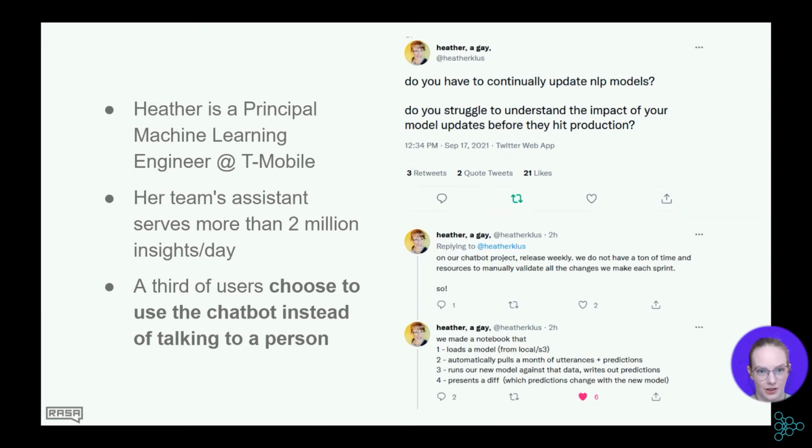So utterances are things that are said either by the assistant or by users, and then the predicted labels. And then it compares the new model against the current model and looks at all of the differences and then presents those out. So this is a way to do timely validation with new data to make sure A, that your model still works, and B, that the new model that you're working on works just as well or better.